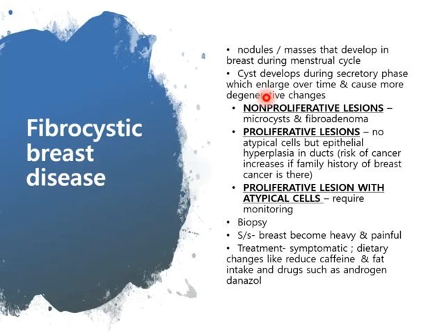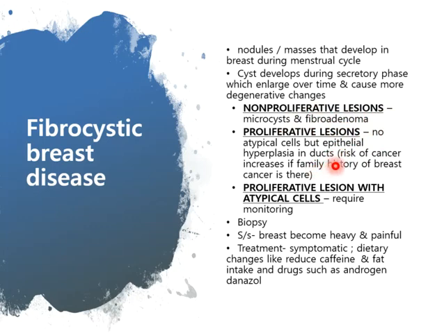There can be non-proliferative lesions, which are called microcysts and fibroadenoma, which is the benign tissue of the fibrous part of the breast, or the benign tumor of the glands of the breast. Then there are proliferative lesions where there are no atypical cells but epithelial hyperplasia is seen in the ducts.